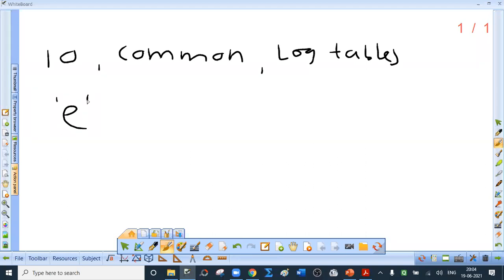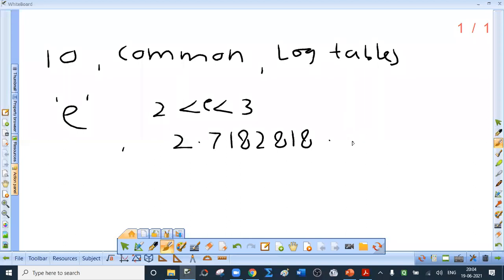What is e? e is an irrational number. Its value lies between 2 and 3. And what is the approximate value? 2.7182818. And it is called natural or Napier's logarithm. And we use natural logarithm in calculus, that is limits, derivatives and integration.